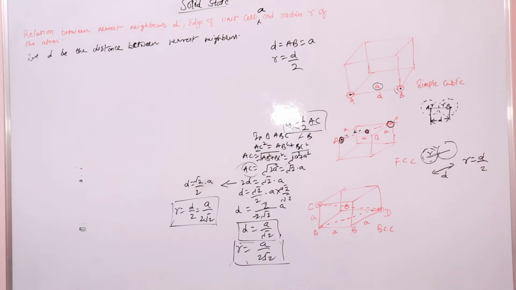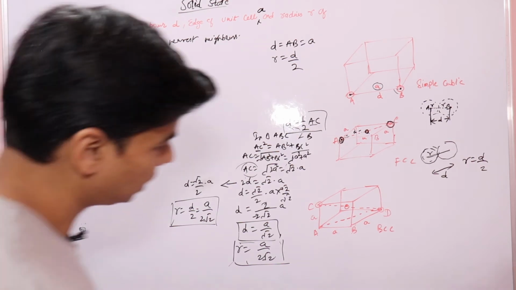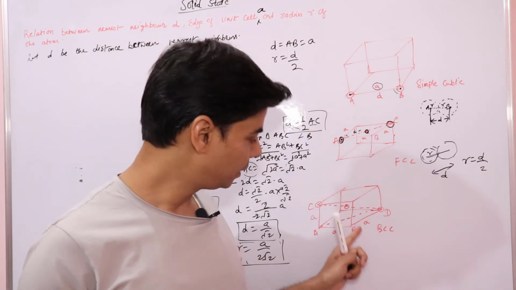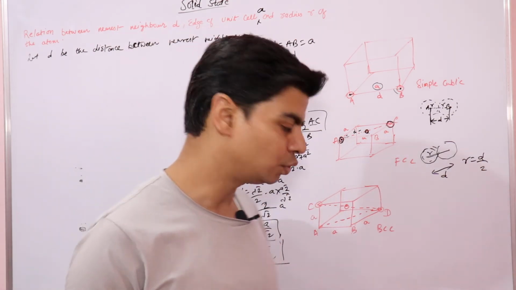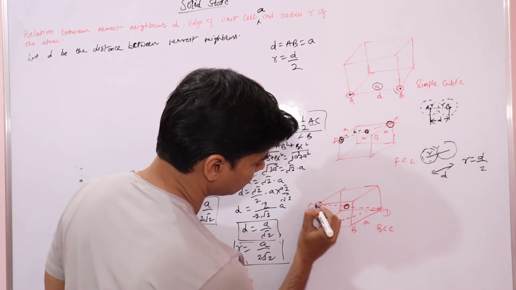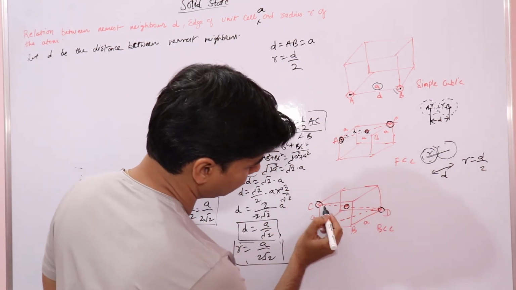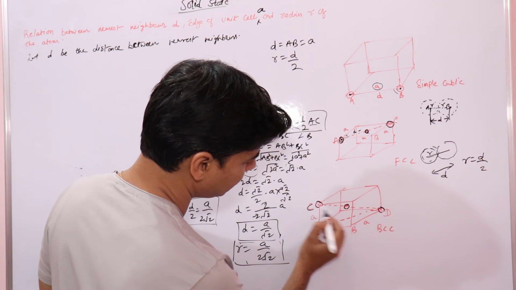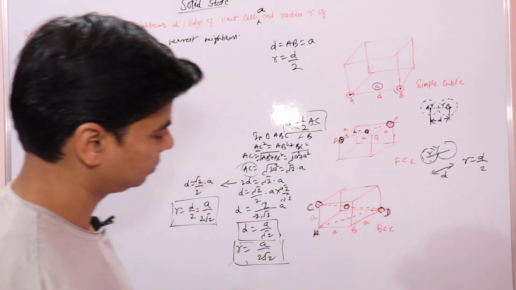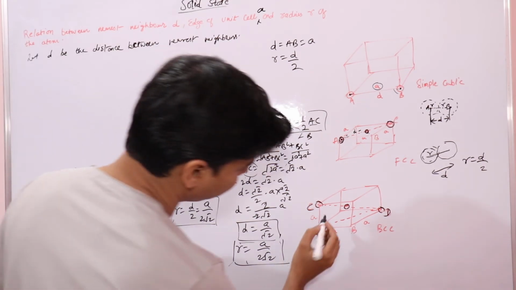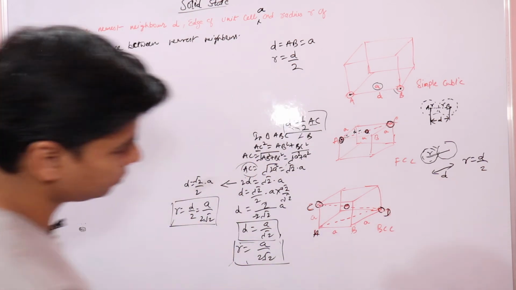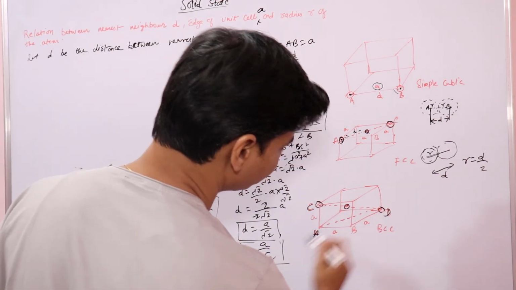Now we'll look at BCC. In BCC we have the distance between nearest neighbors. Again we'll consider this. In BCC we have particles at all the 8 corners of the cube and one particle at the center of this cube. So this is the particle at the center, and this is the triangle that we have considered, triangle ACD. The distance between these two particles is D, and this D is equal to half of CD.